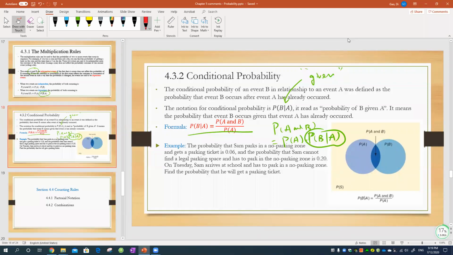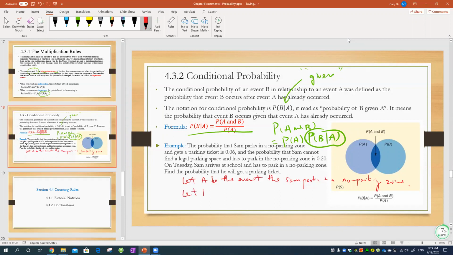So the first one, we're going to look at the events. Let A be the event that Sam parks in a no parking zone.